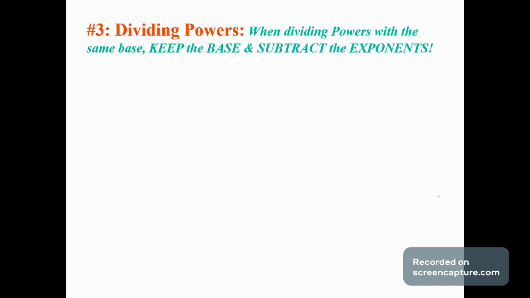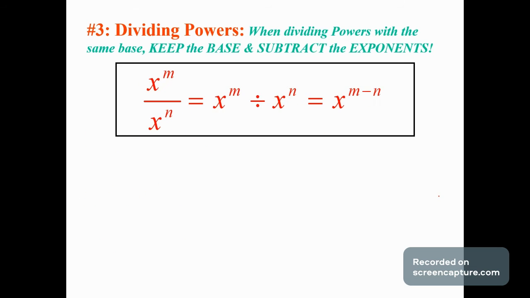But in this law, if we divide with the same base, we subtract the exponents. So if we have x to the power of m over x to the n, we copy the base and have m minus n, or the exponent of the numerator minus the exponent of the denominator.